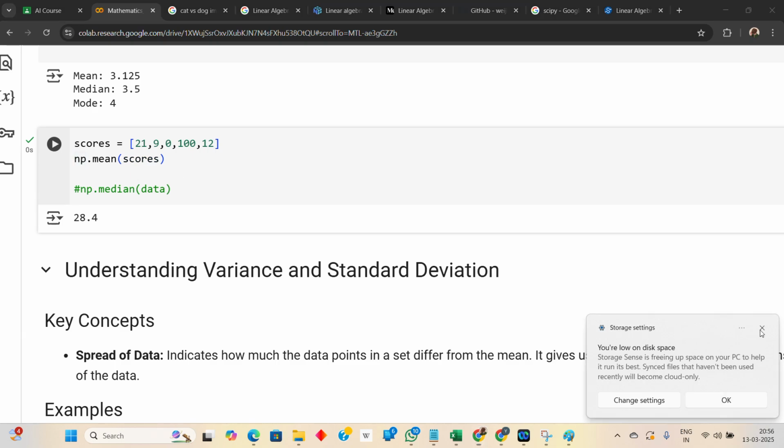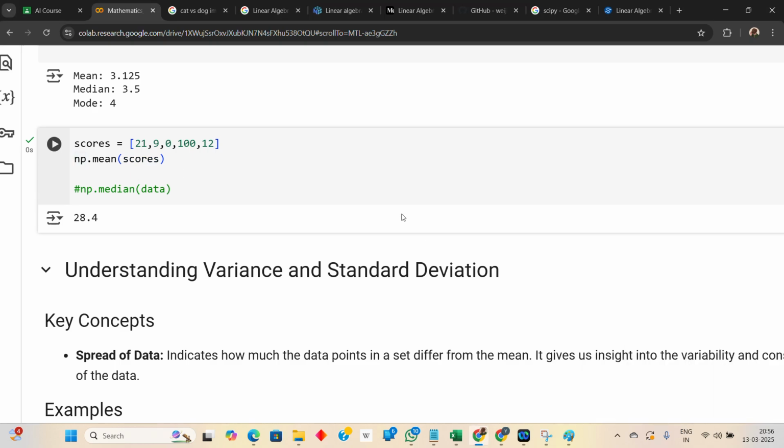Do you agree that he has the capability to score 28.4? Is it consistent over the 5 matches? No, in only one match he performed really well. In the remaining matches he did not even score 25. So in these situations, the mean is not the one we have to use, because one value is much larger than the remaining values.